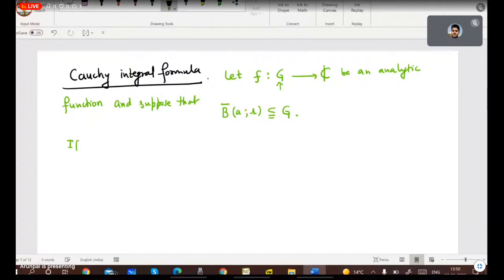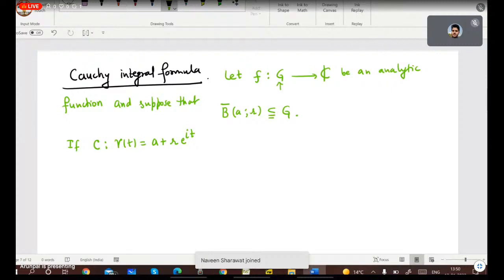Now if further we have this information, if we have a path or curve given by this formula, it is nothing but, class, a circle centered at a and having radius r.